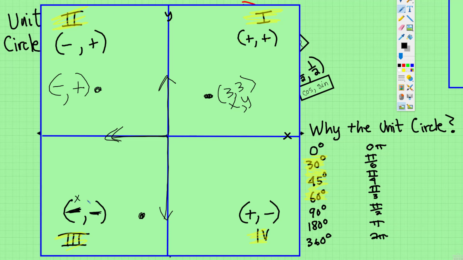So the x is negative and the y is negative. If we plot a point right there, on the x-axis we went in the positive direction, but we also had to go down to get to that point, and down is the y value.